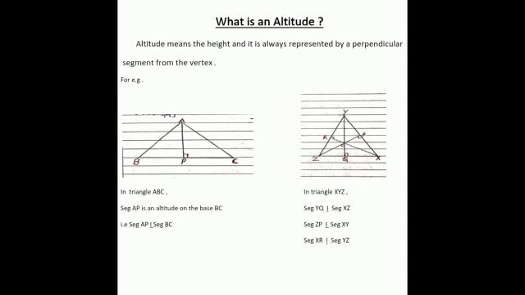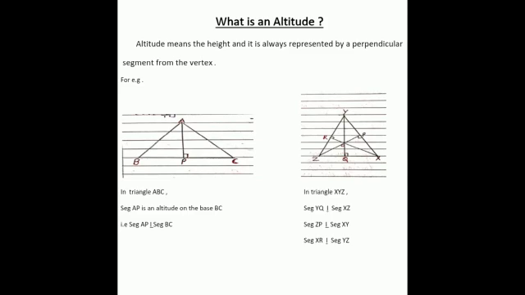Now look at the second figure. In triangle XYZ, segment YQ is an altitude on the base XZ. That is, segment YQ is perpendicular to segment XZ. Segment ZP is an altitude on the base XY.